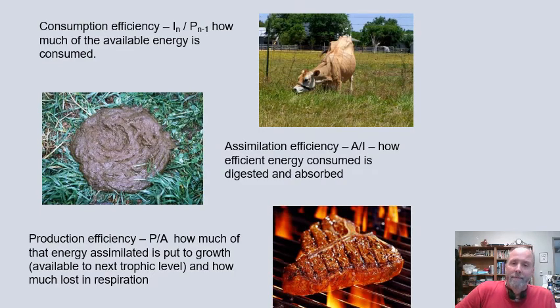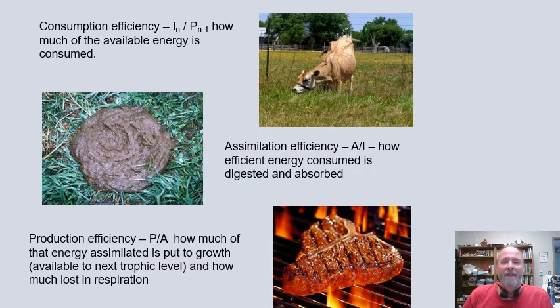Okay. Once you've assimilated that energy, how good are you at converting that energy into biomass? Okay, how much energy do you need to maintain yourself? How much gets used for respiration of the energy that you do assimilate? And we see, depending on the type of organism, variances in these different types of efficiency.